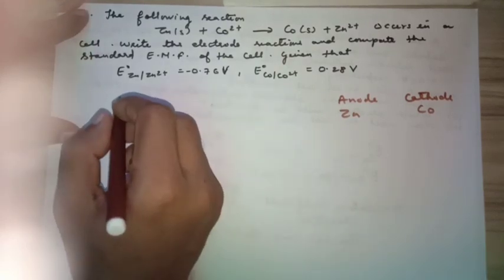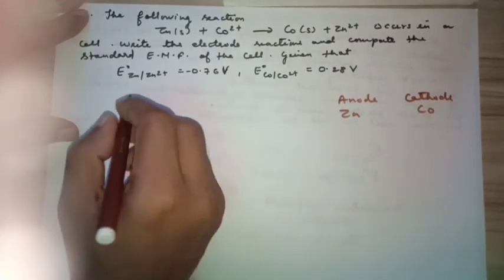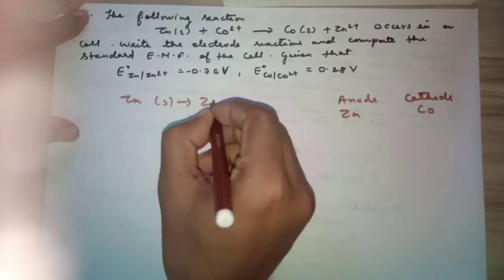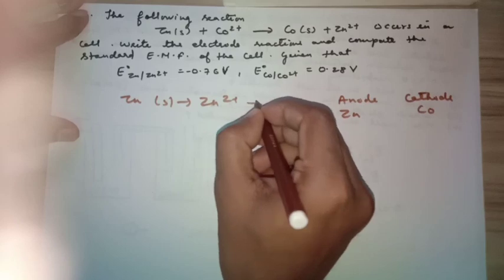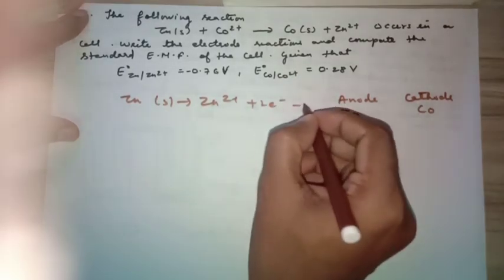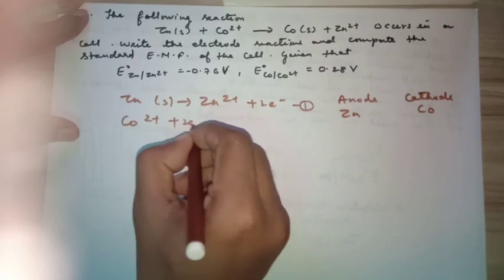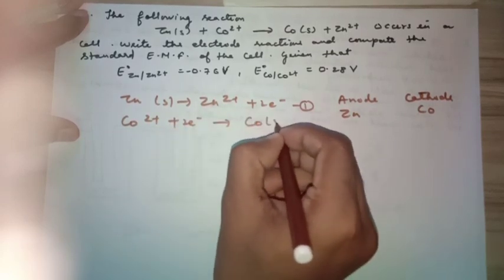For writing the reaction, zinc is going oxidation, so it will be Zn2 plus and 2 electrons. This is our first reaction, and cobalt is already with charge, so it will accept 2 electrons and becomes Co solid.